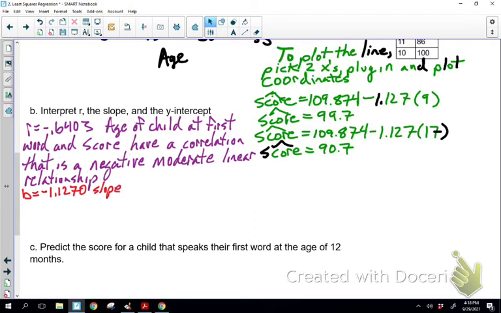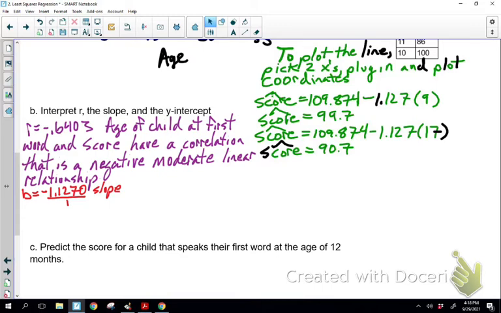You just got to talk about it in regards to the context. And since it's a fraction, slope, rise over run, let's force this to be a fraction. So put a 1 under it. And now we have a fraction. So remember, change in y over change in x. So I'm going to talk about the negative 1.127 in regards to the change in y, or the change in score. And the 1, I'm going to talk about the change in x.